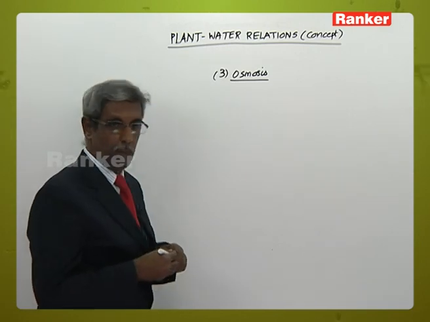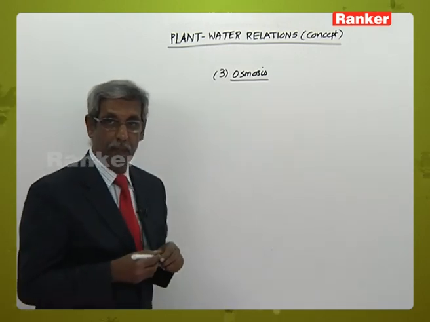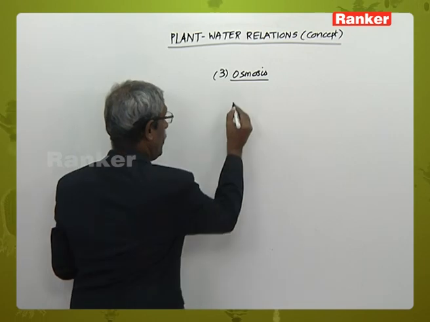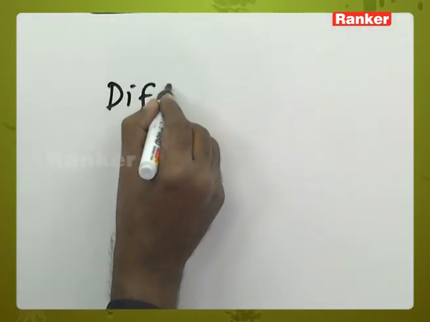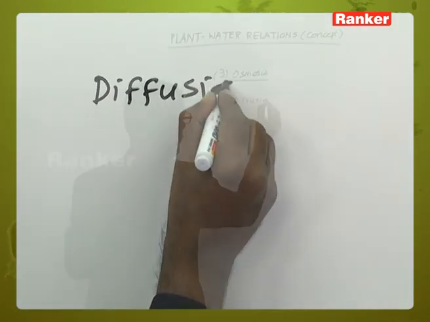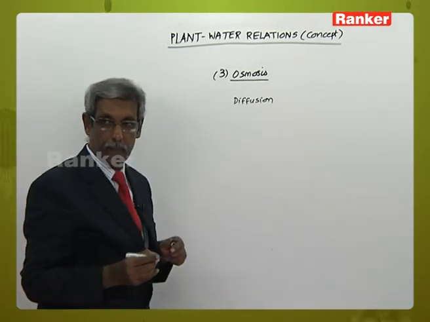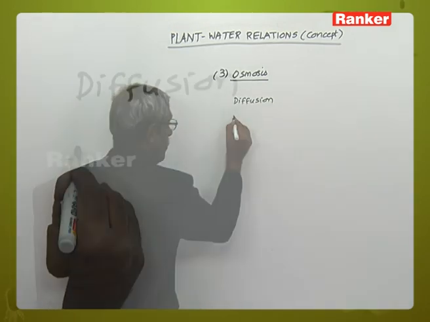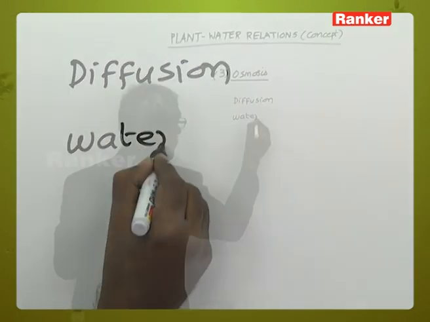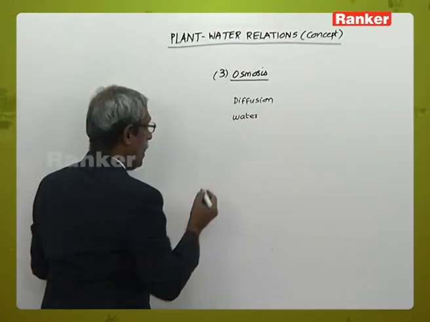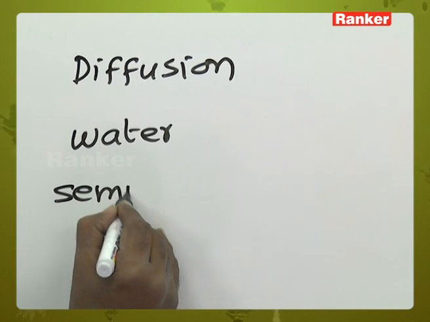Now we come to osmosis. Osmosis is a method of diffusion. It relates to movement of water across a semi-permeable membrane.